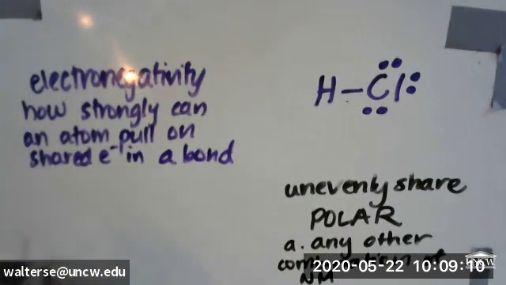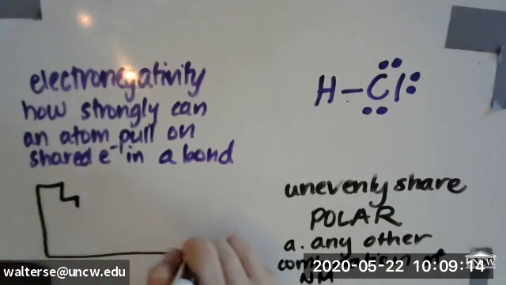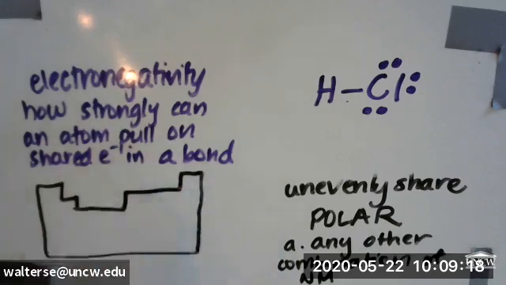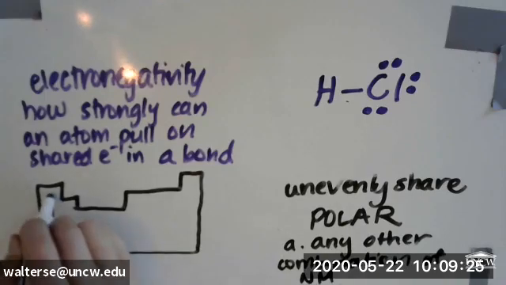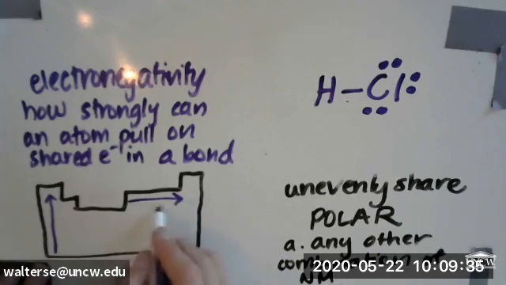If we draw a very, very rough periodic table, electronegativity increases up a group and from left to right across the period. Okay, so fluorine is the most electronegative atom. The closer two things are located on the periodic table, the less polar the bond is.